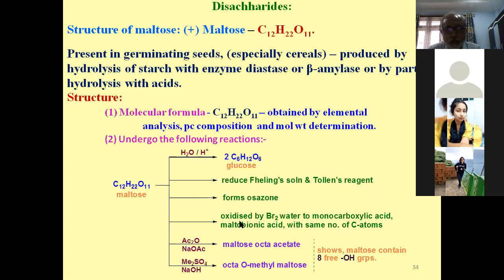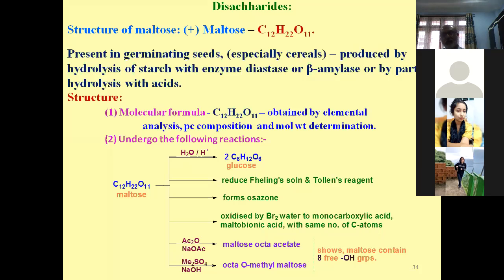We get another. It is oxidized by bromine water to a monocarboxylic acid, known as maltobionic acid, with the same number of carbon atoms. That means there is an aldehyde present, which gets oxidized by bromine water to give a monocarboxylic acid having the same number of carbon atoms.